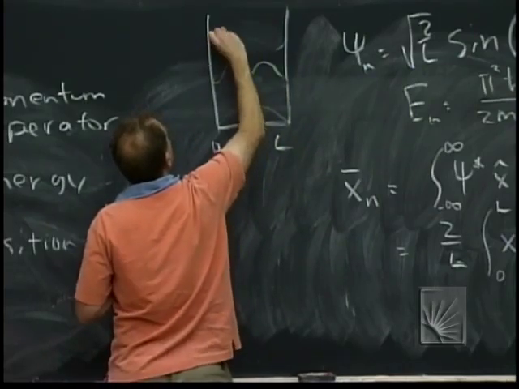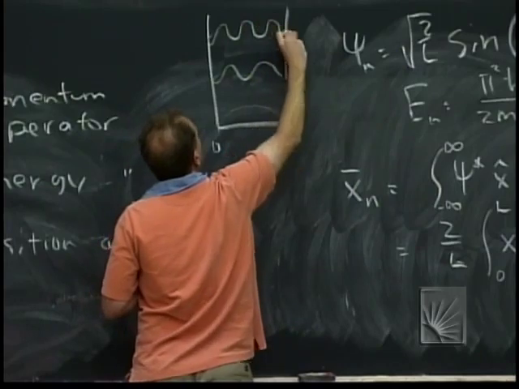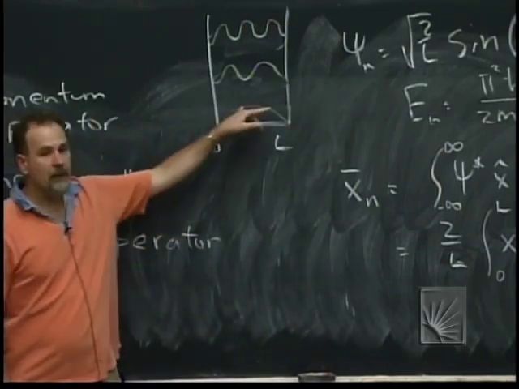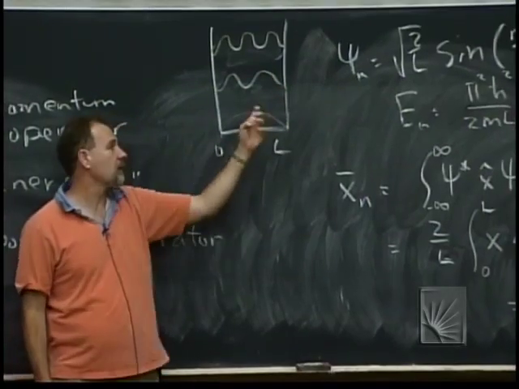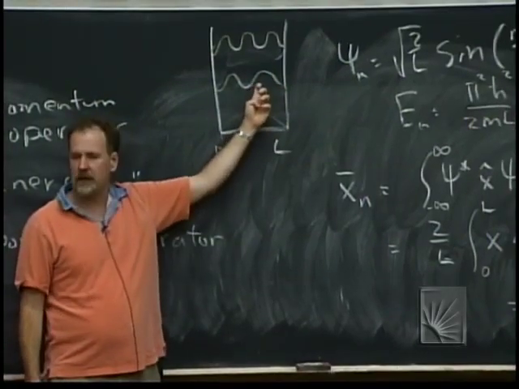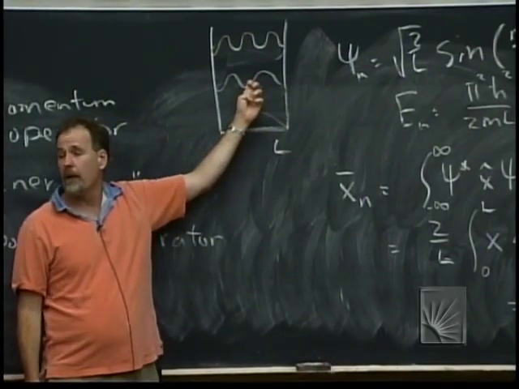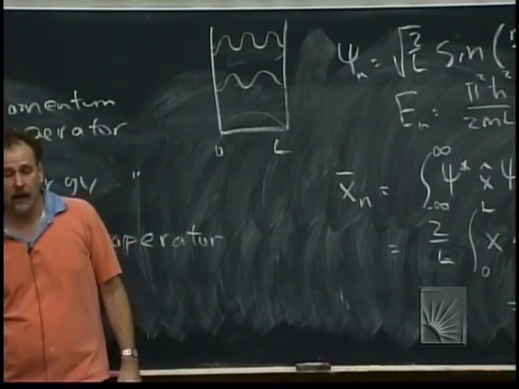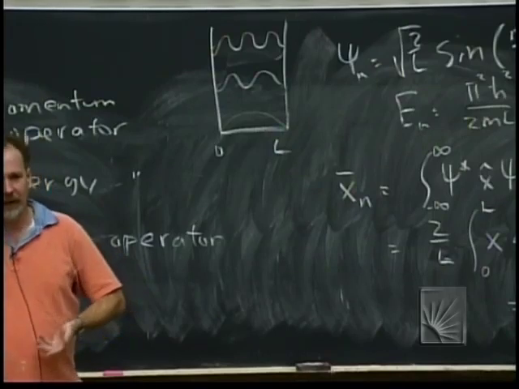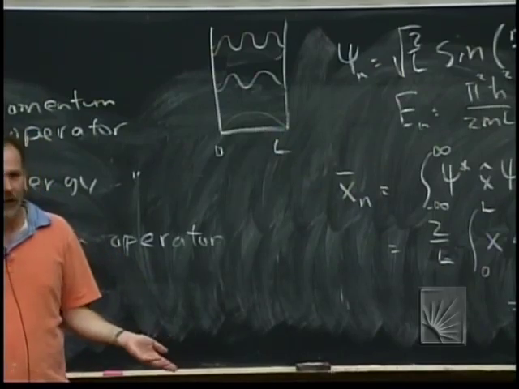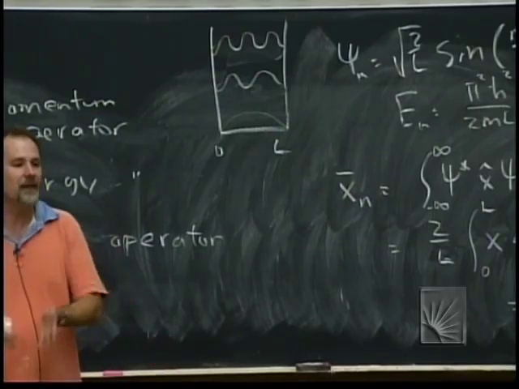And when I squared this one, I ended up with a 3-hump thing. The average is always the middle. They're not asymmetric. They're symmetric about the center. What's a little bit interesting is this second one has 0 probability of the particle being at the center, but it's equally probable to be over here as over here. So its average position is the middle.